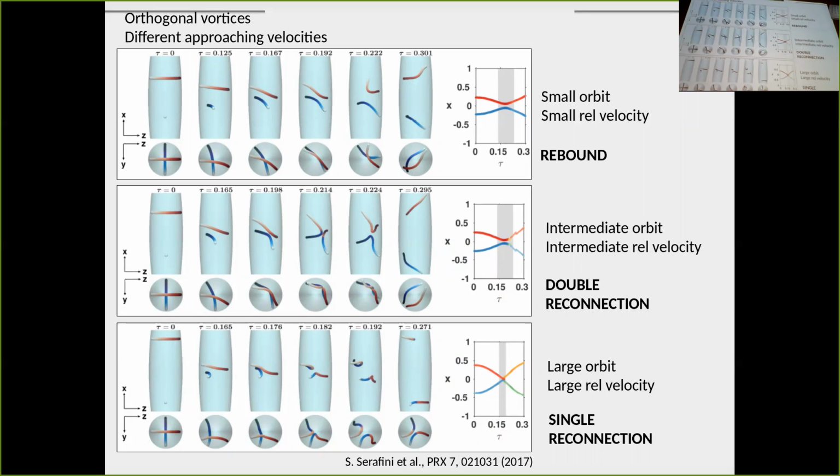So if, for instance, we start with vortices that are pretty close to one another, the relative velocity when approaching will be small.